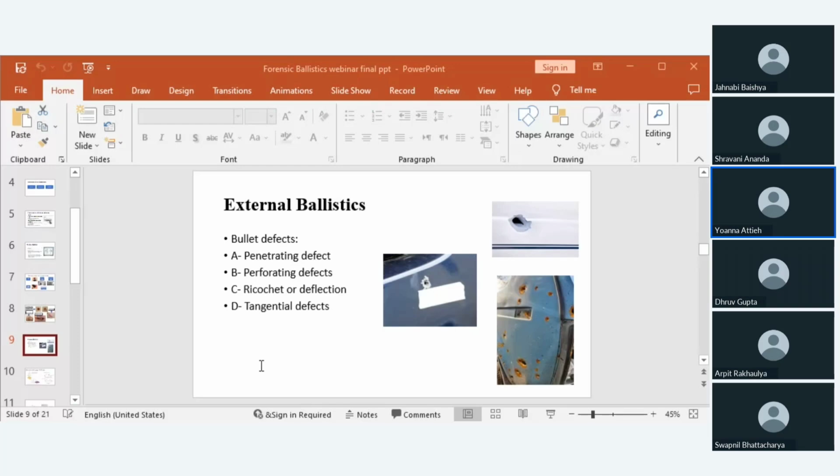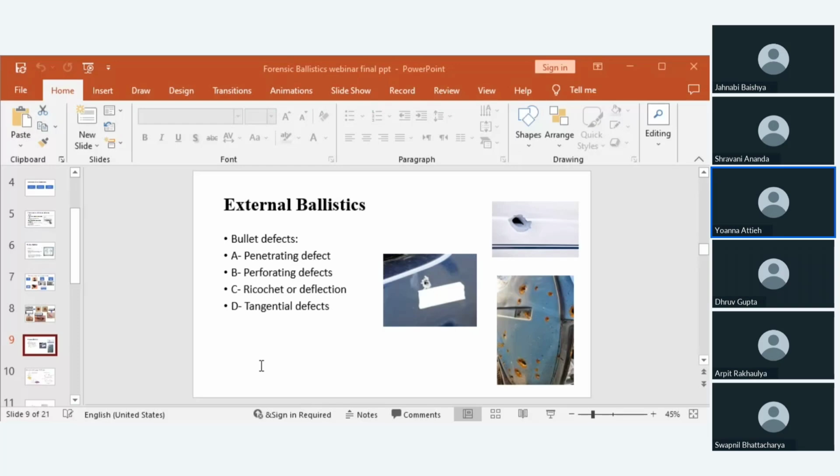Now, talking about ricochet or deflection, here the bullet, guys, strikes a surface but deflects off it at an angle without fully penetrating. So it barely touches the surface. The ricochet angle and the trajectory depend on the nature of the surface and the bullet's energy.